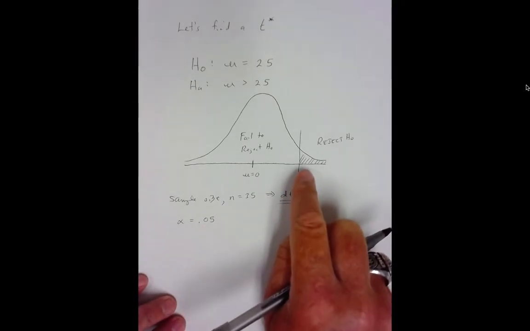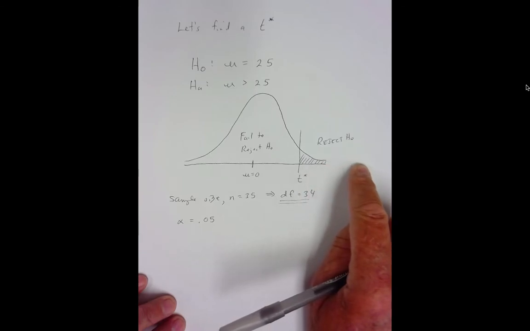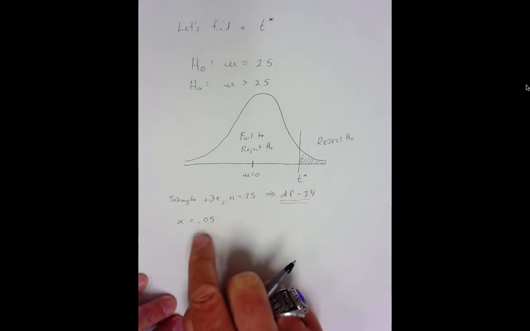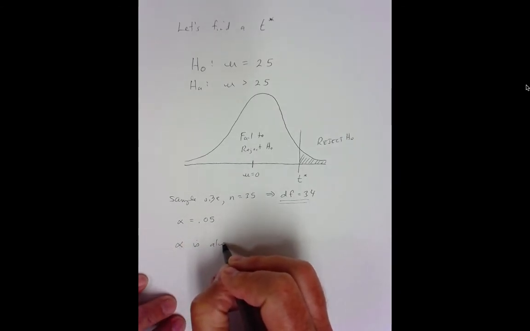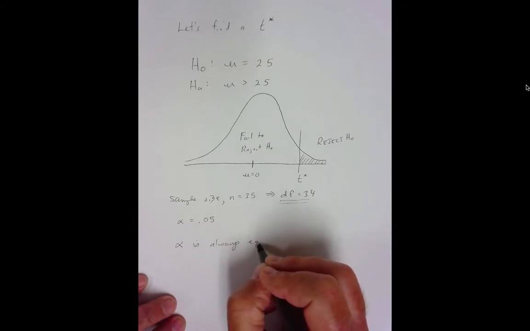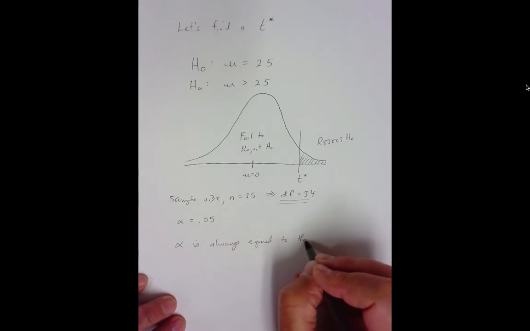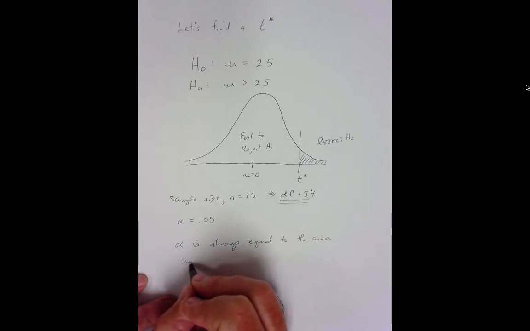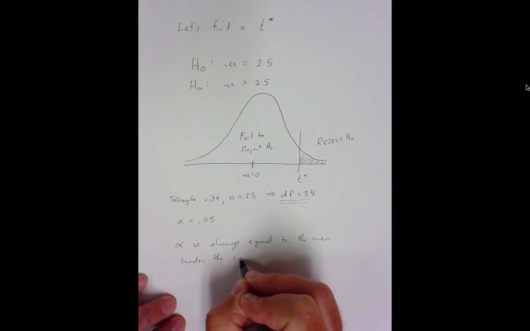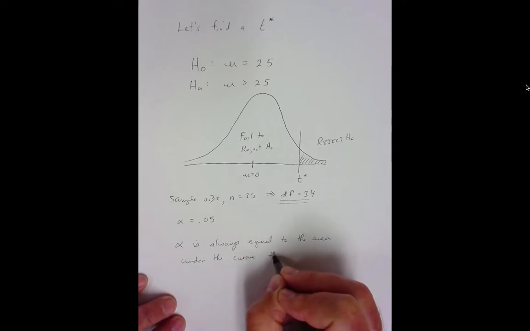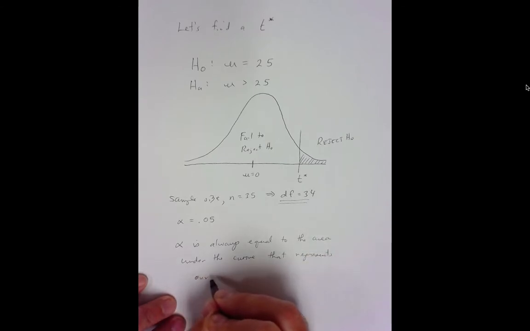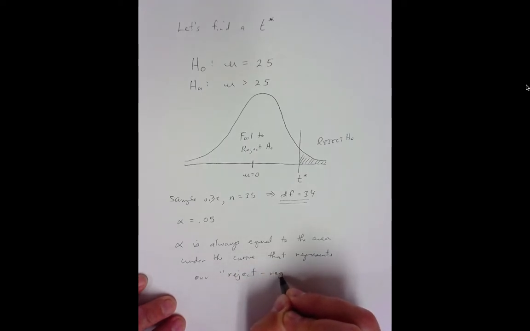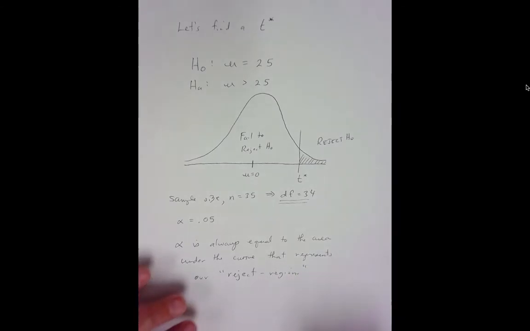Well, guys, the area that represents the rejection region will always be our alpha. So our alpha is always equal to the area under the curve that represents our reject region.